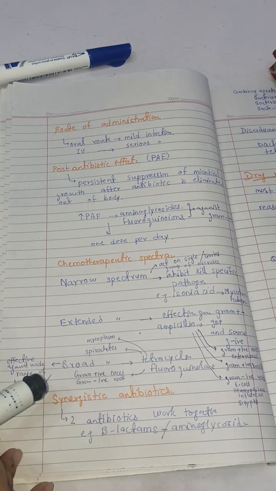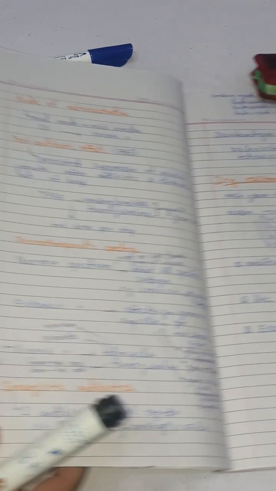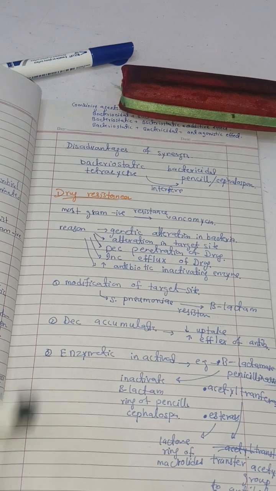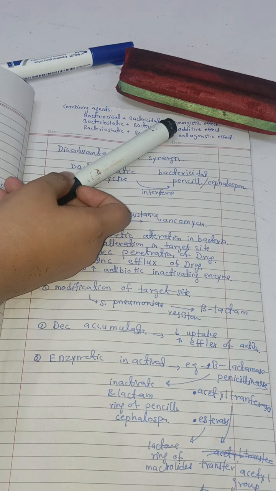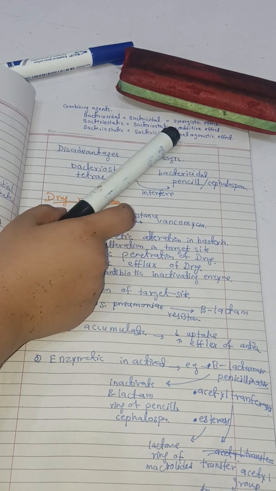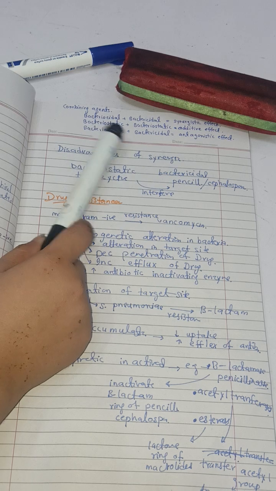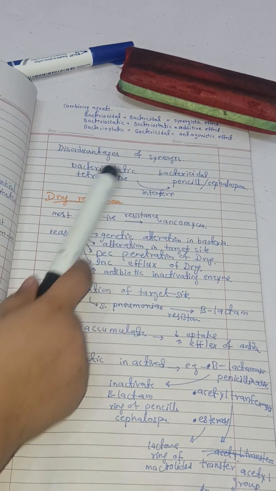Synergistic is when two antibiotics work together, like beta-lactam and aminoglycosides. If two bactericidal drugs work together, this is called synergistic. If two bacteriostatic drugs work together, this is called an additive effect. If one bacteriostatic and one bactericidal act together, they give an antagonistic effect.